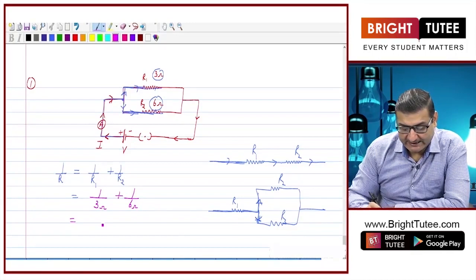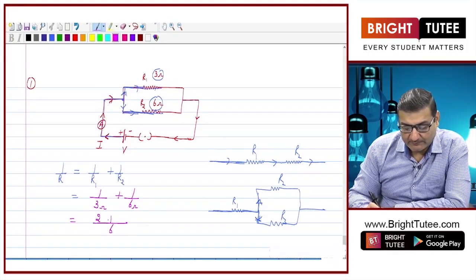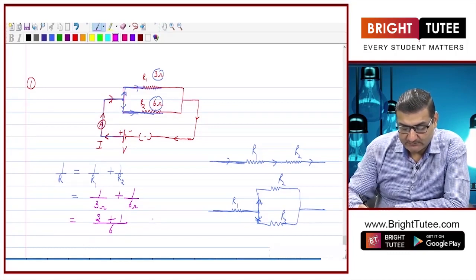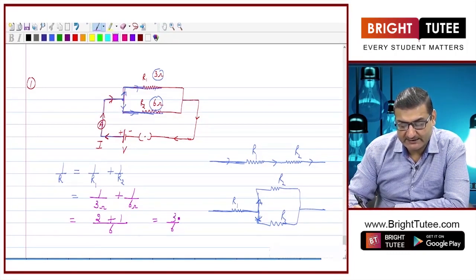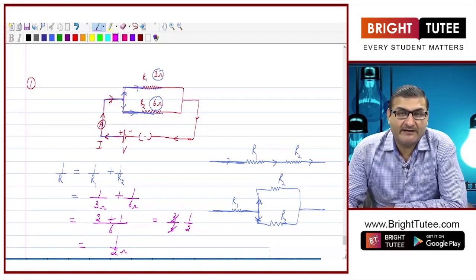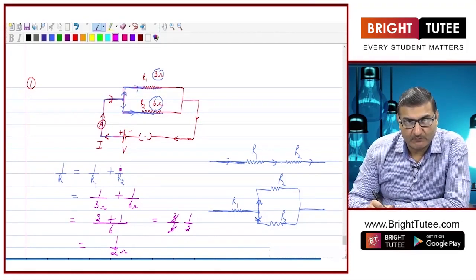Taking the LCM 6, I will take 2 plus 1. So, that comes out to be 3 upon 6 and after striking it off it becomes 1 by 2 ohms.